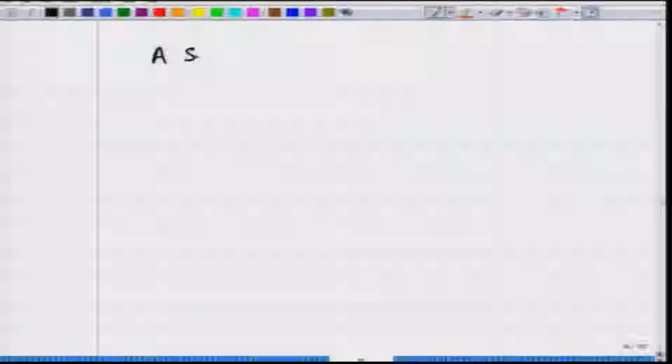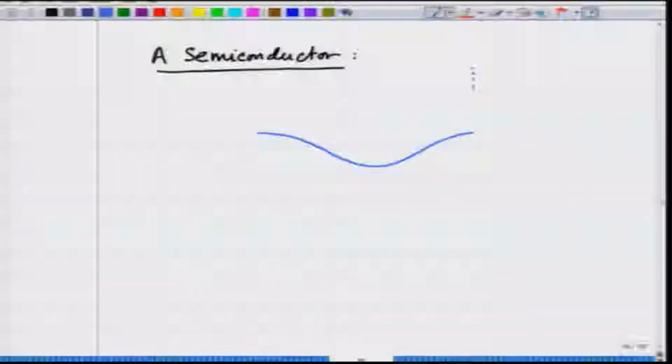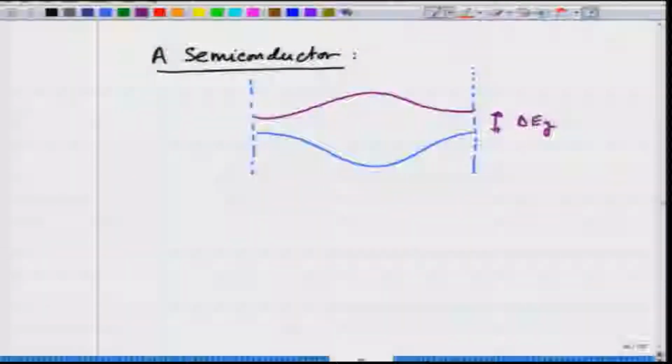So, as we had discussed earlier, a semiconductor is a material where the band gaps are small. So, if I were to just make two bands within the first Brillouin zone, in the upper band, then this gap delta E g is small.